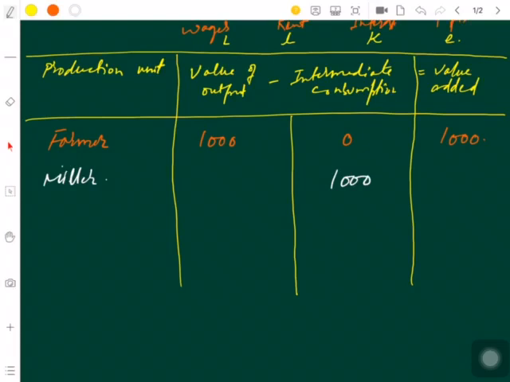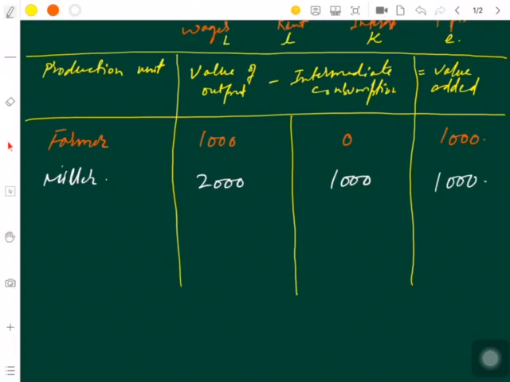So let us say that he is selling this wheat, now turned into flour, for rupees 2000. So the value of output here is rupees 2000 now by the miller. It is his total output, and his intermediate consumption is rupees 1000. That means the value of output minus intermediate consumption will give us value added. So he also added a value of rupees 1000 in an economy.